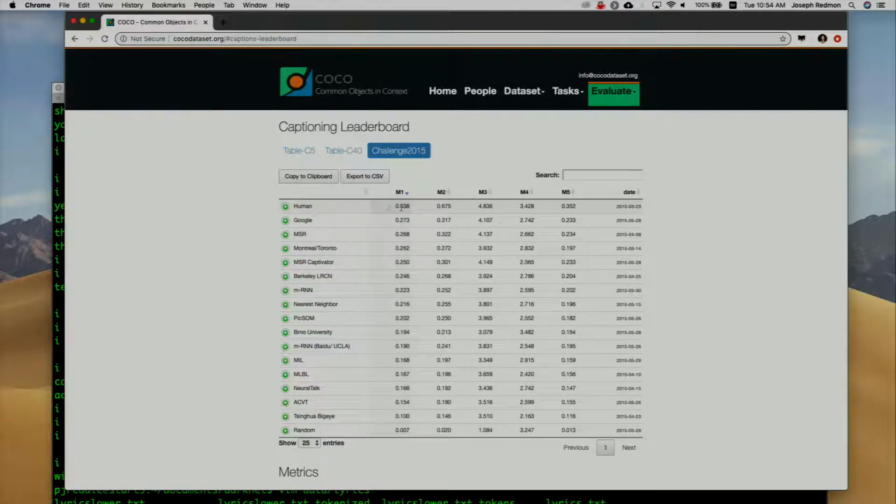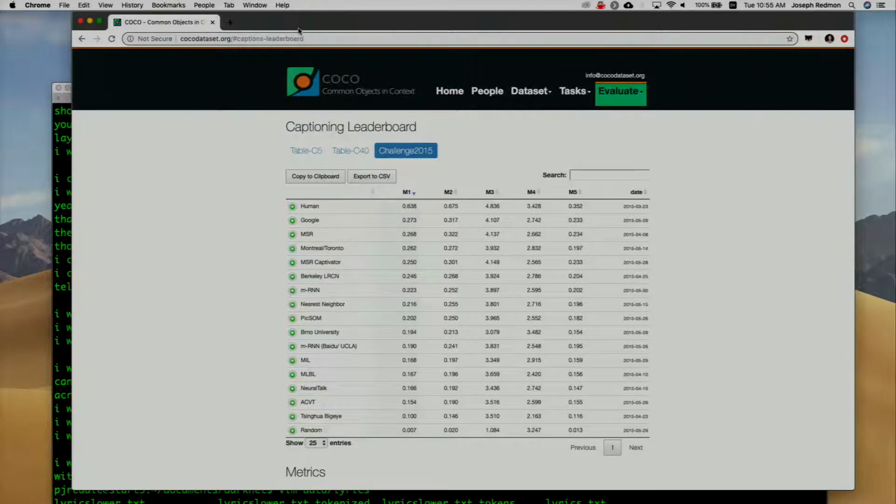So in this case, the human is fooling the judge 60% of the time, as opposed to these generated methods, which are only fooling human judges on the order of a quarter of the time or something. So there's this much larger gap that you see between the human generated caption versus the captions produced by some automated systems.